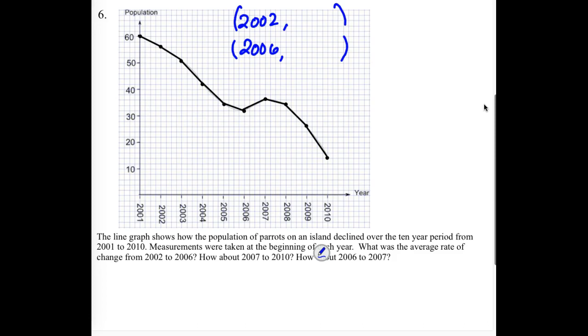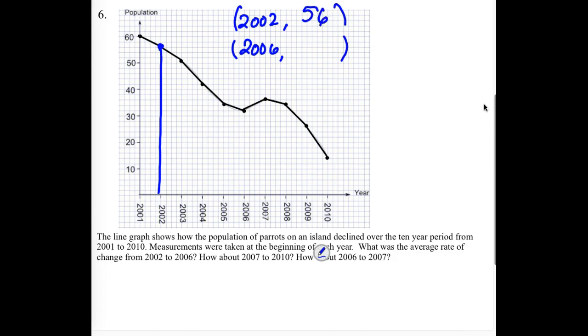In 2002, how high am I? What's that value? What kind of increments are we using on the y-axis? Are we going by 2s? The tick marks are going by 2s? So we are up at 56.